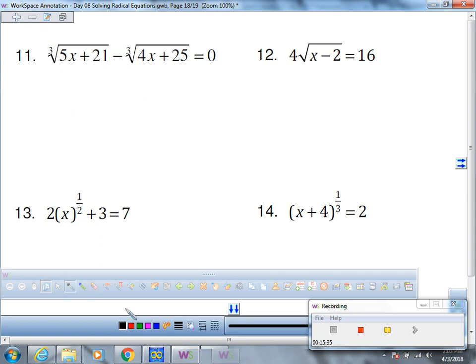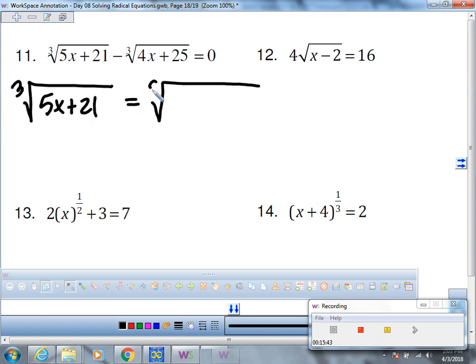It's so easy. I know. I'm just making you think. Can't I just move it to the other side and it becomes positive? Oh, right. Now you just cube both sides. Move it to the other side. Right? Does that make sense?